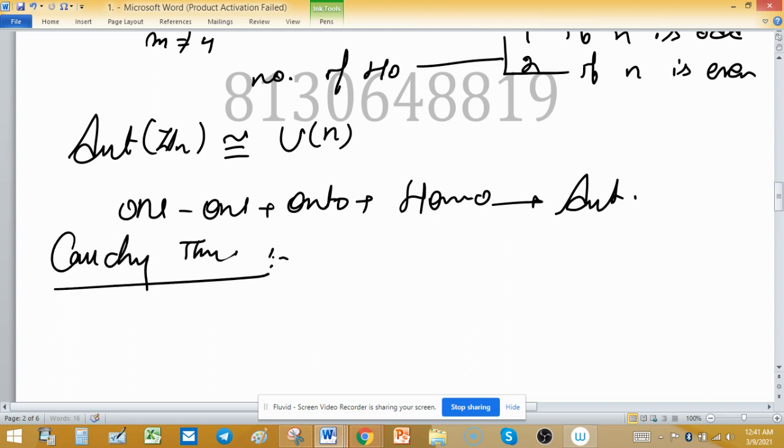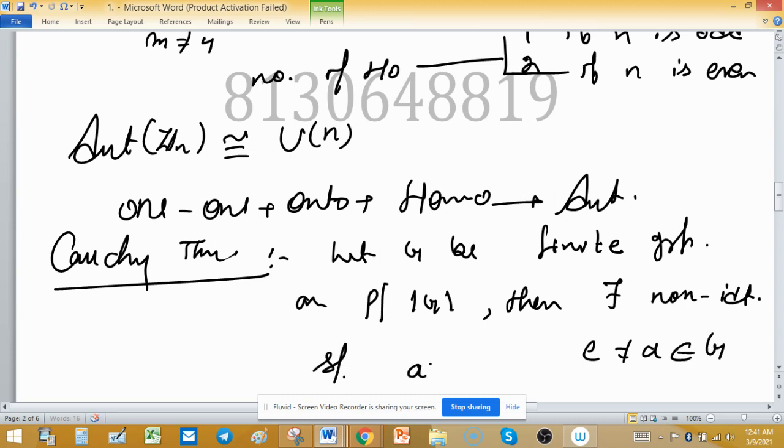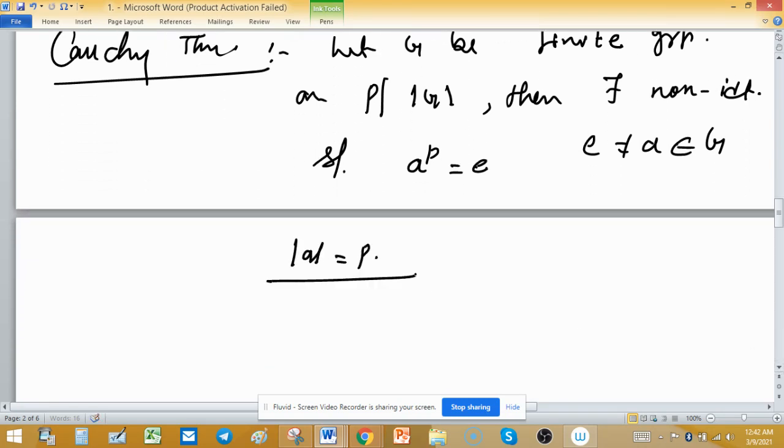Cauchy theorem, or Cauchy theorem, as you pronounce. Let G be a finite group, and a prime p divides the order of G. Then there exists an element, a non-identity element, such that a raised to the power p is e, meaning the order of this element is p.